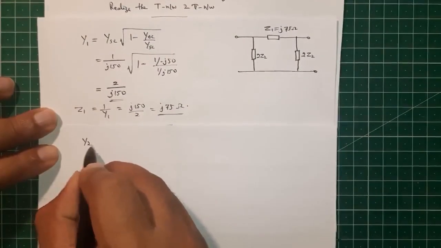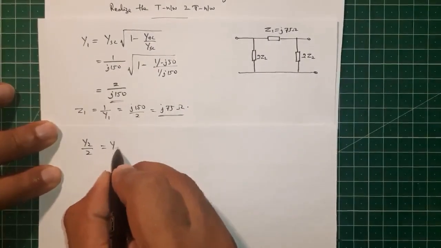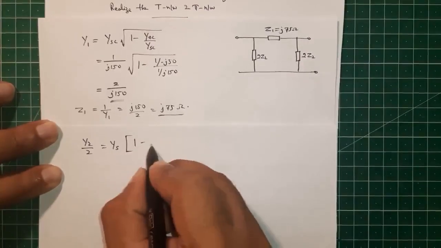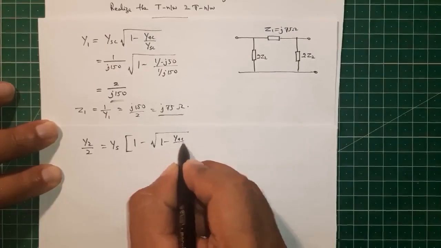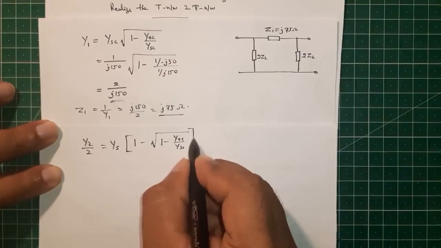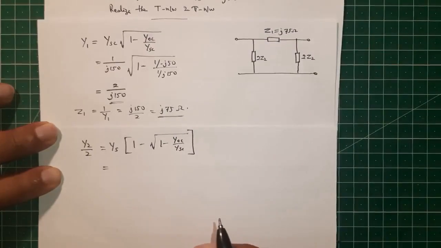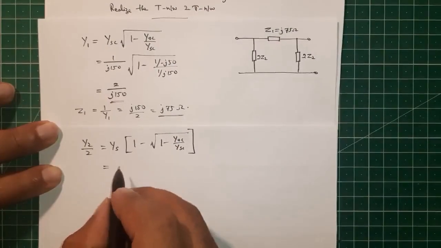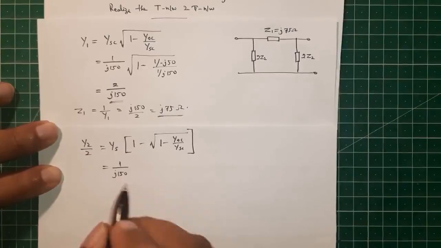Now what is y2 by 2? y2 by 2 is equal to YSC into 1 minus root of 1 minus YOC by YSC. So what is this? This is 1 by j150.